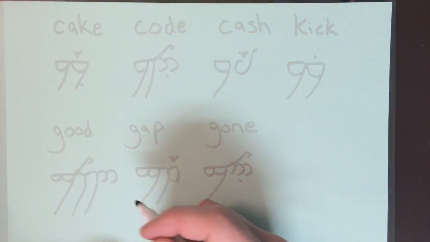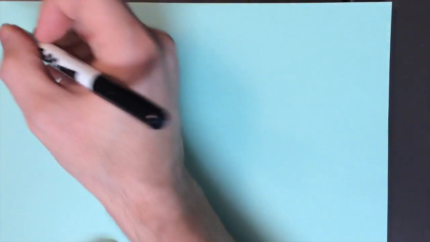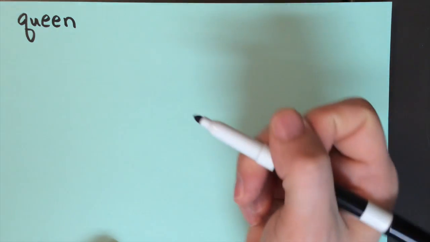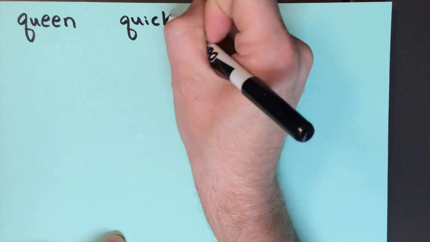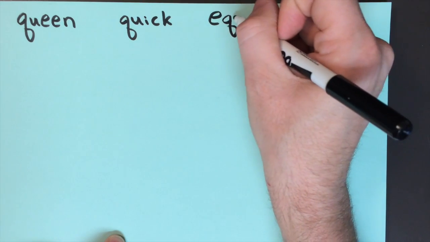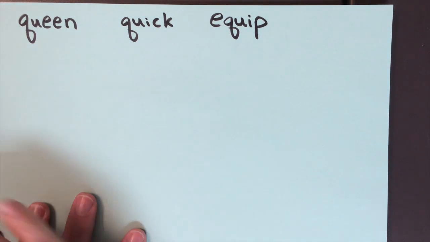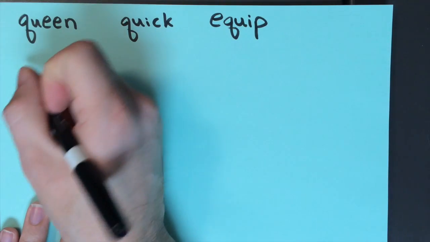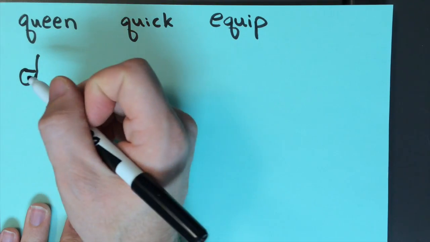Alright, so let's try to do the Q next. So we'll start by learning how to do queen, quick, and equip. Okay, so first we need to remember how to do our QU symbol. And to do so, we just go up like that, come down, and then close it off.